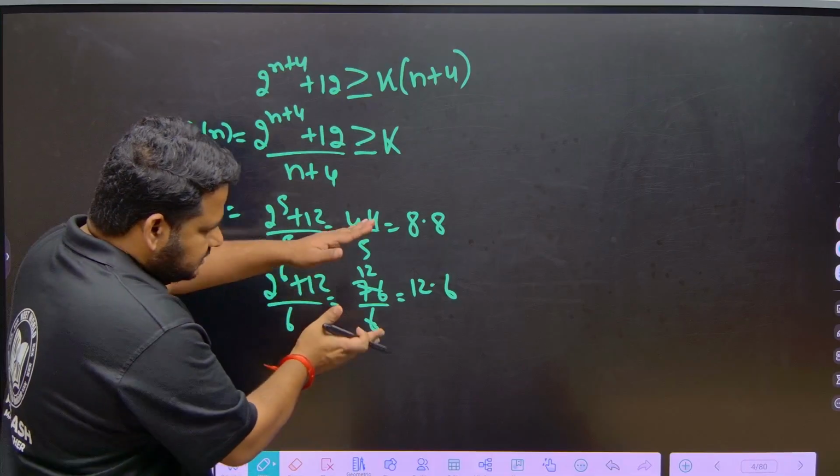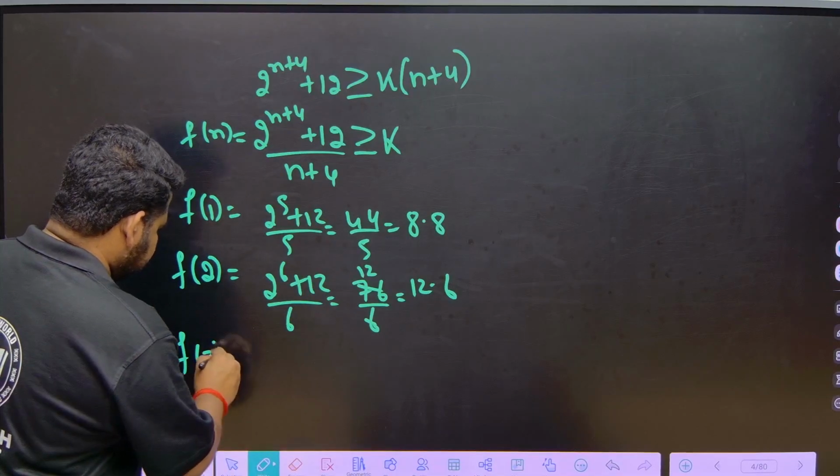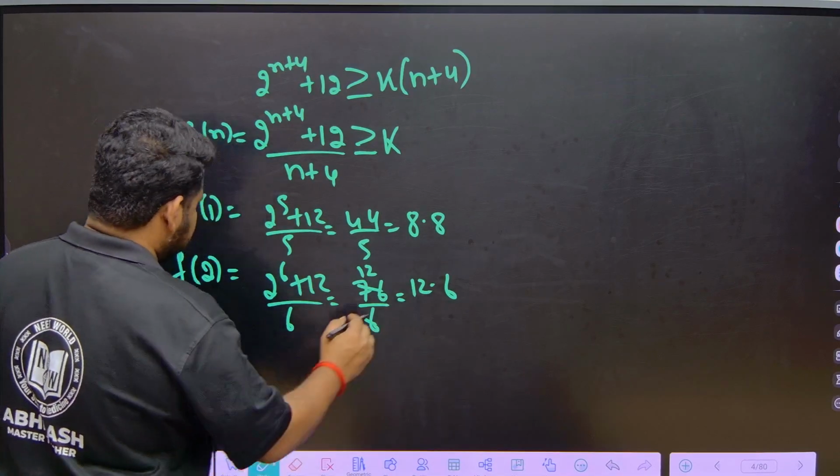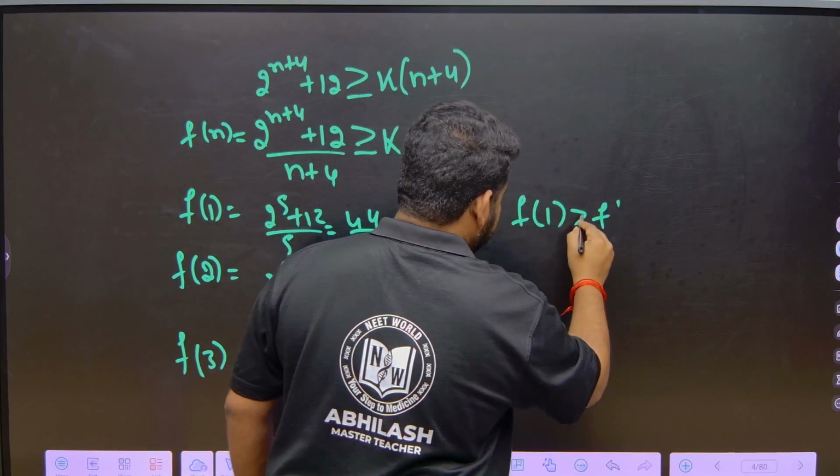If you look at it, the function will go on increasing. This f of 3 will also be greater than this. So, what I can write here is f of 1 will be greater than f of, actually what?